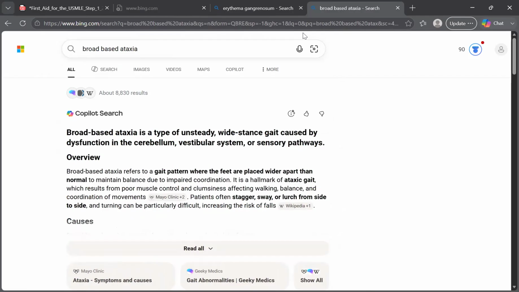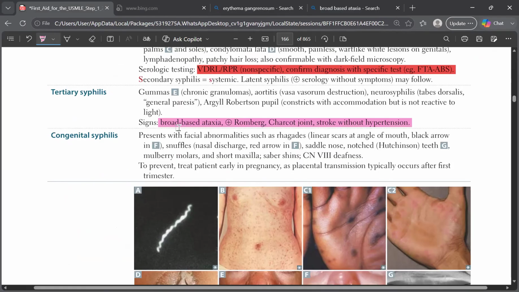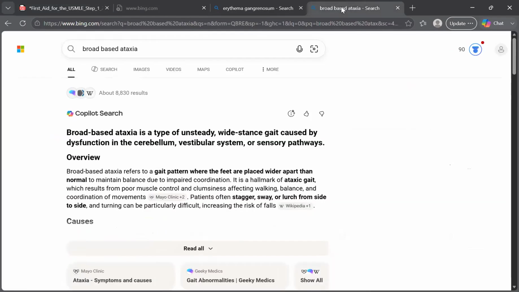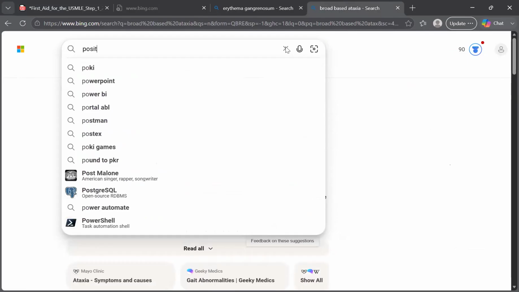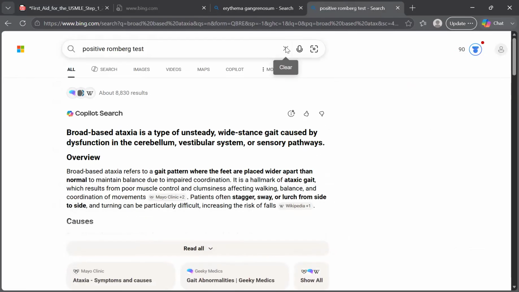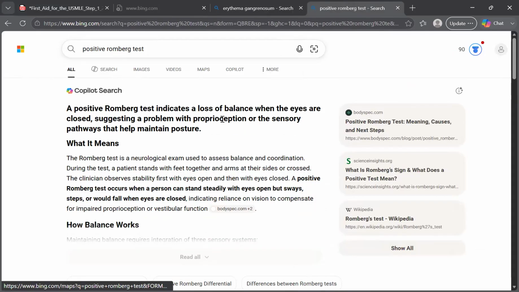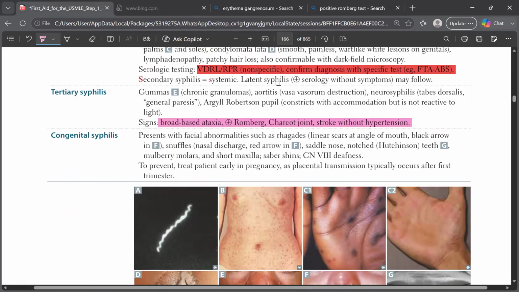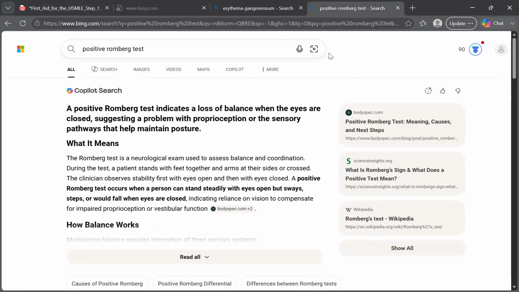Then there's a positive Romberg test. That indicates a loss of balance when the eyes are closed, suggesting a cerebellar problem basically.